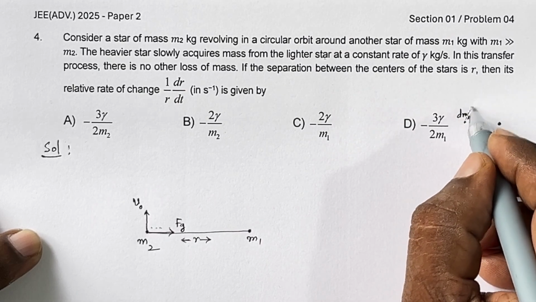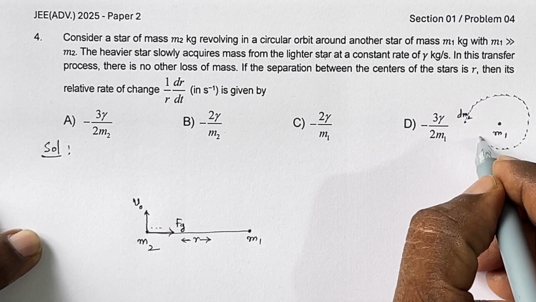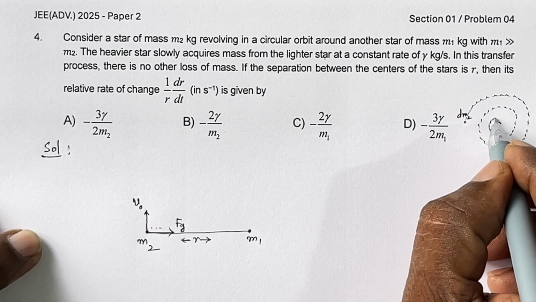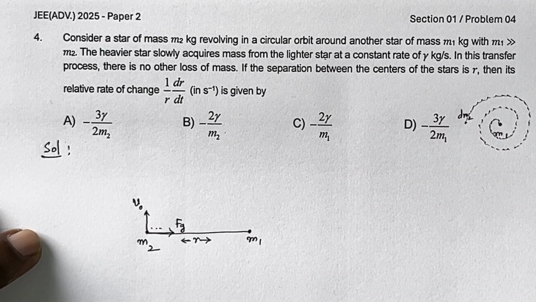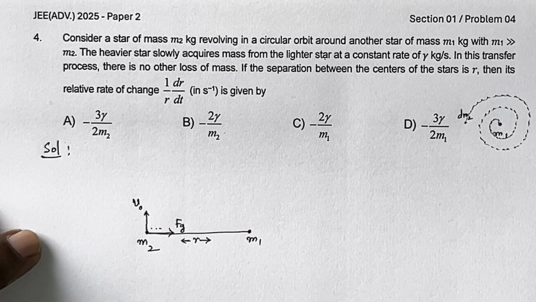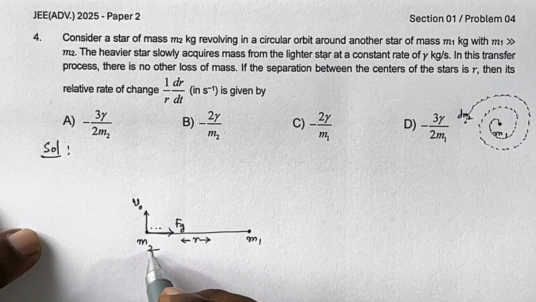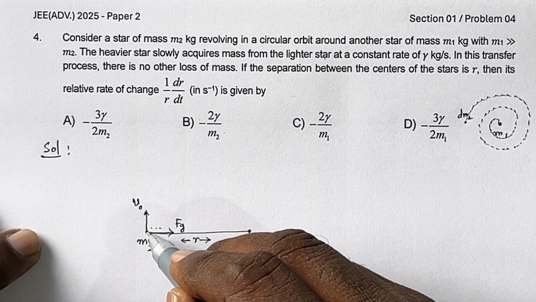Slowly they will lose their energy and the radial velocity increases, and finally they will collapse. That mass is attached to m1. That's what they told in the problem. So here orbital velocity is there, but the motion of m2 is not perfectly circular.